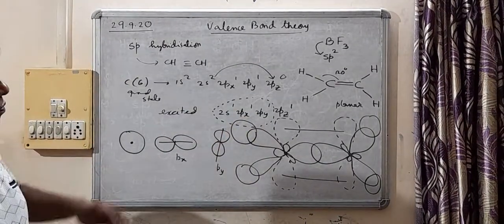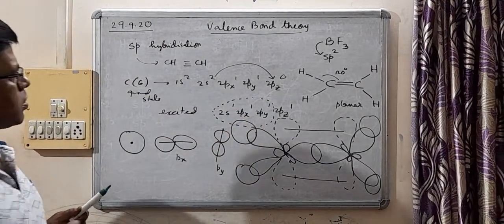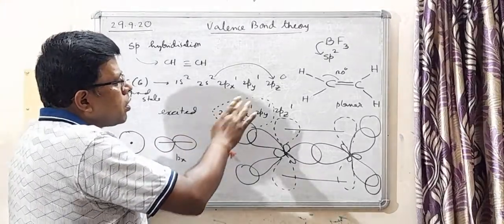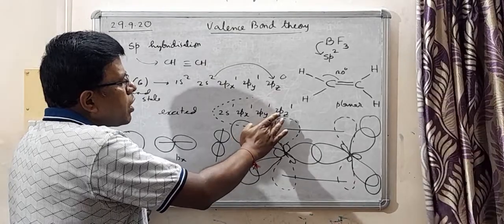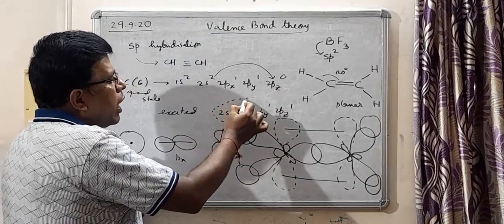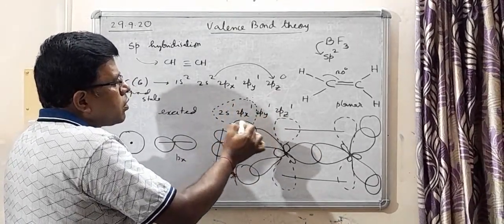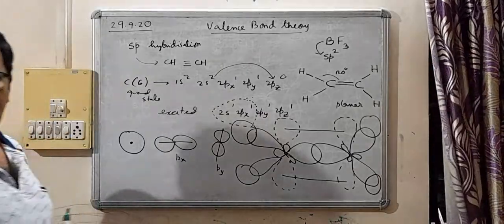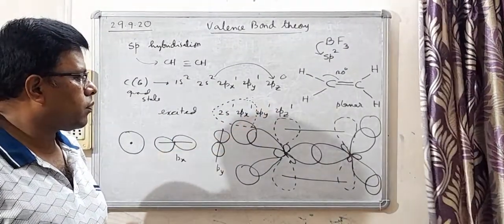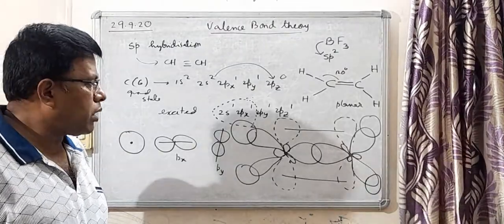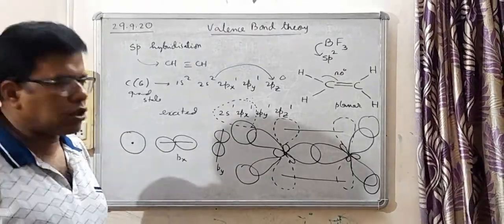Now here in this case, unlike the previous case, only the S and PX are involved in mixing. PY and PZ don't take part in mixing, don't take part in hybridization.